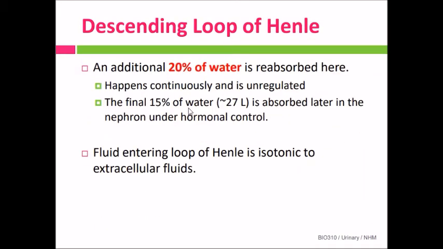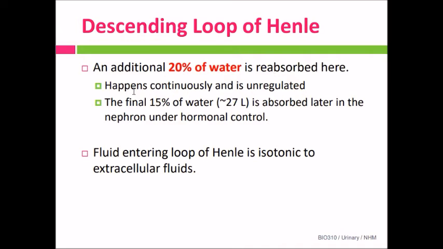And now let's look at what happens at the descending loop of Henle. Here, an additional 20% of water will be reabsorbed back to the blood vessel, or to the peritubular capillaries, from the descending loop of Henle.